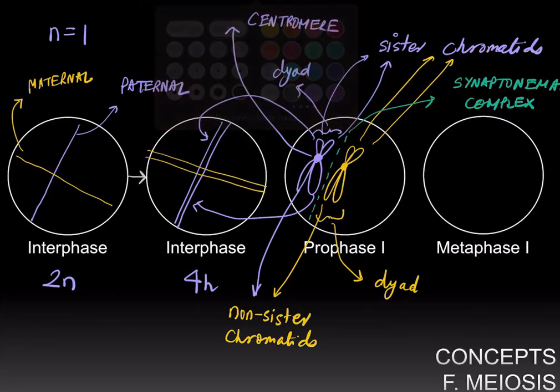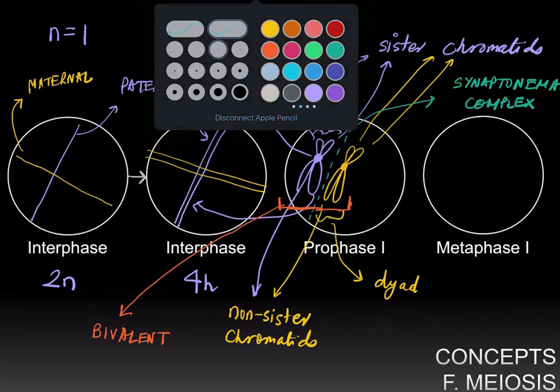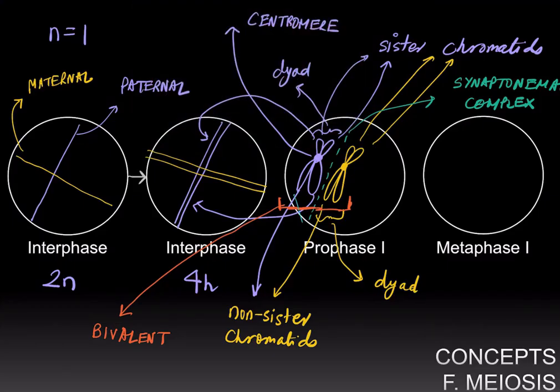This whole unit of 4 chromatids is called a bivalent. And finally, the 4 chromatids together are referred to as a tetrad.